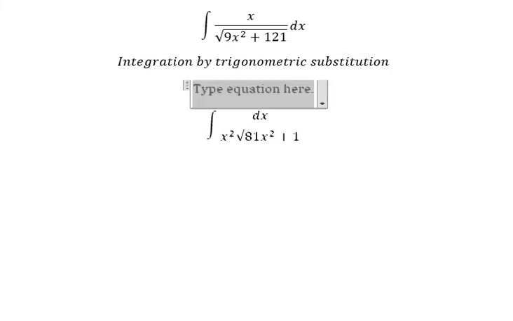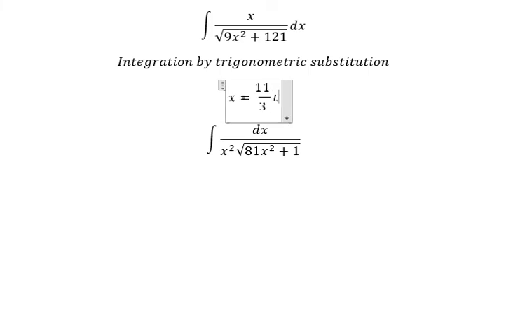So I will put x equals 11 over 3 tan t, because if I put this in here, you get 121 over 9 tan squared t. The 9 we cancel, and 121 we factorize: tan squared t plus 1 changes to secant squared t, and later we simplify with the square root.